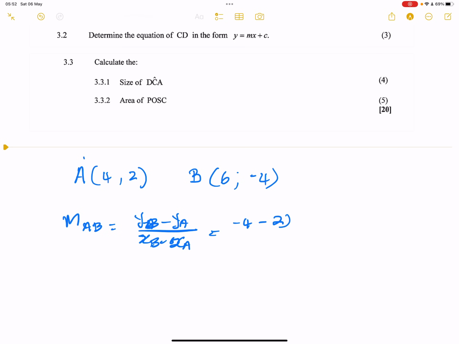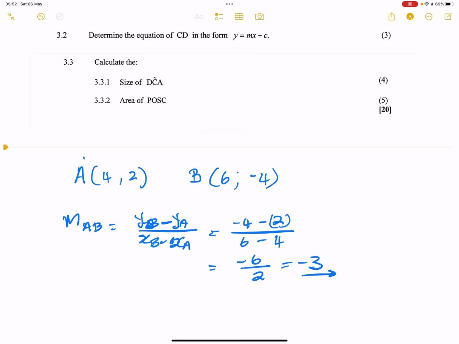Remember, this 2 becomes positive. Then xB, which is 6, minus the xA, a positive 4. Please be careful when you are calculating the gradient. There already is this negative sign. So that will give us -6 divided by 2. 6 minus 4 gives us 2, and so the gradient is -3.